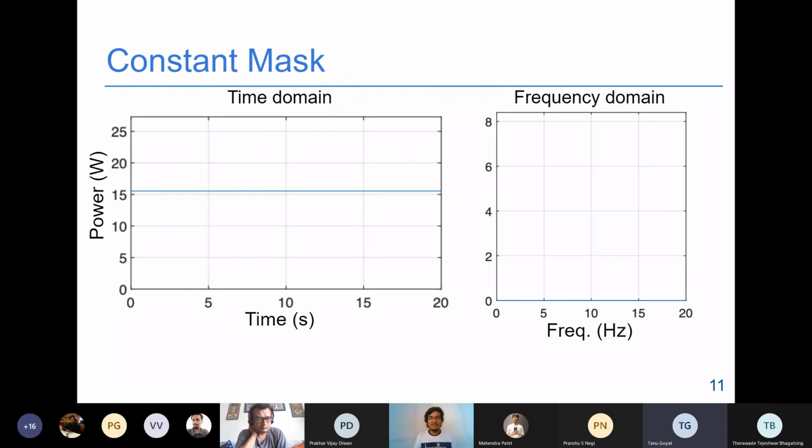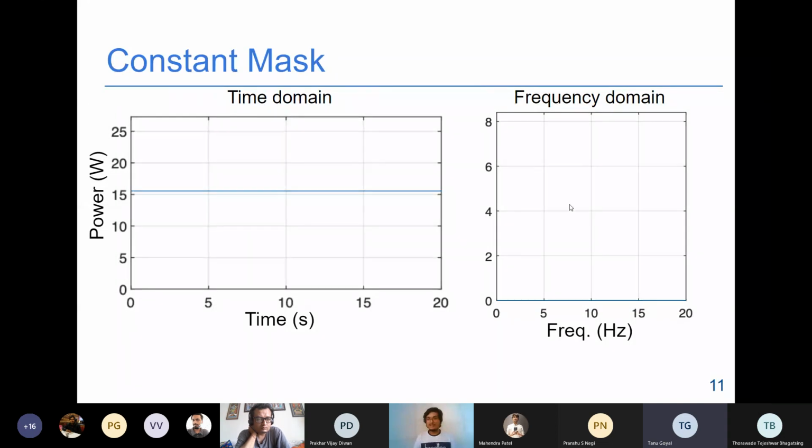Now for the next two slides, I'll be discussing two candidate target distributions. One is the trivial constant mask. On the left, you see the time domain for the constant mask. The power is in watts on the y-axis and the time is in seconds on the x-axis, and the line is a straight line.